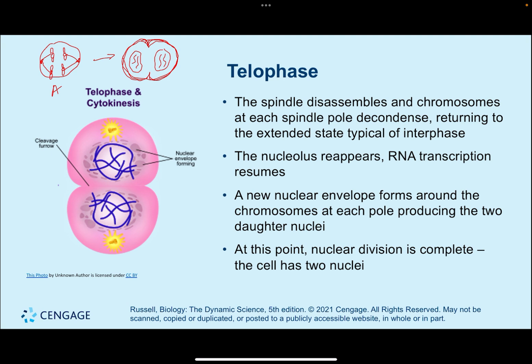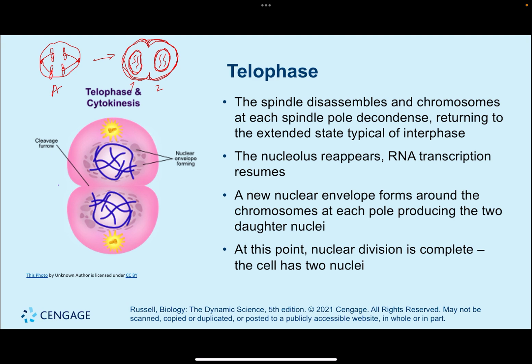A new nuclear envelope, or a new nuclear membrane, will form like that at each pole, producing the two daughter nuclei. So at telophase, we now have two daughter nuclei, or one daughter nucleus per cell. So this is cell 1, this is cell 2.